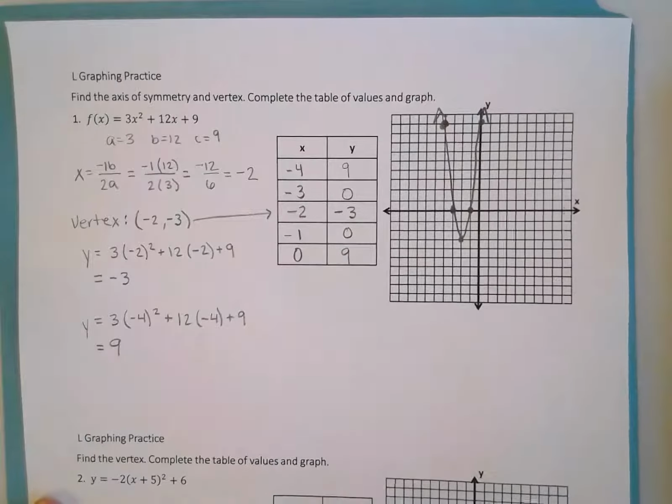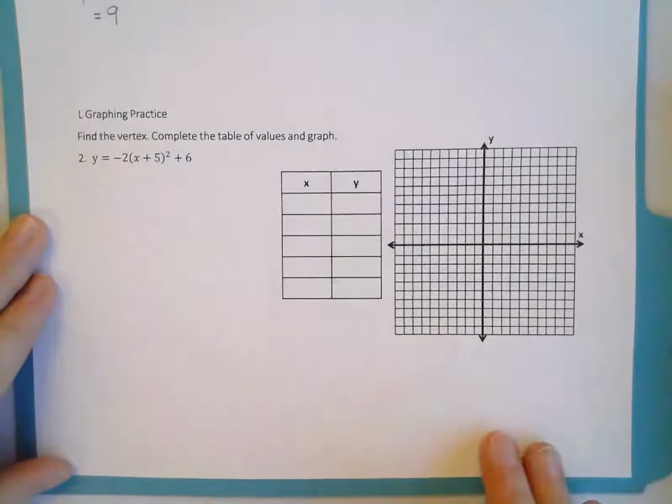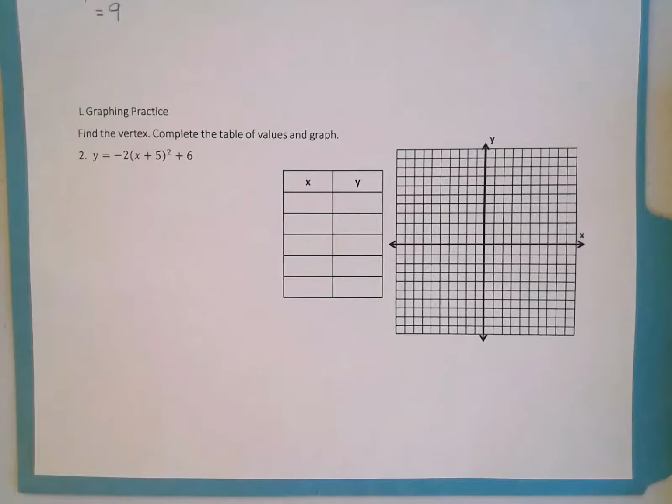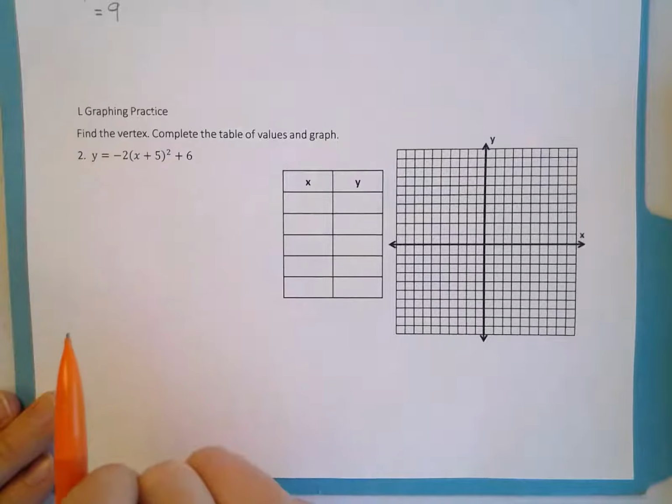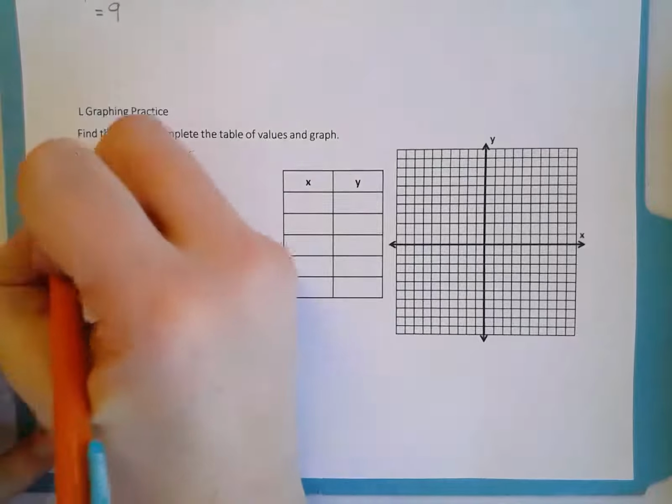Example number 2. This problem is in vertex form, so it's only asking you to find the vertex, complete the table, and graph it. To find the vertex, it is the h, k values from the vertex form.